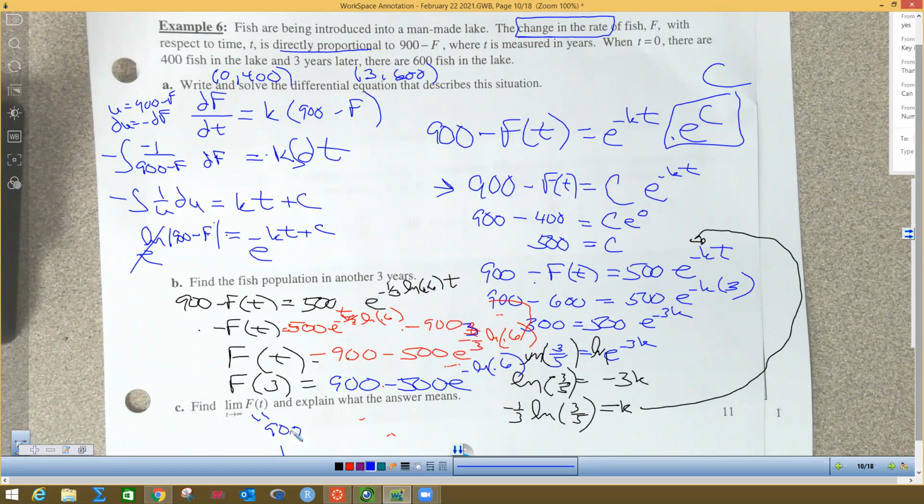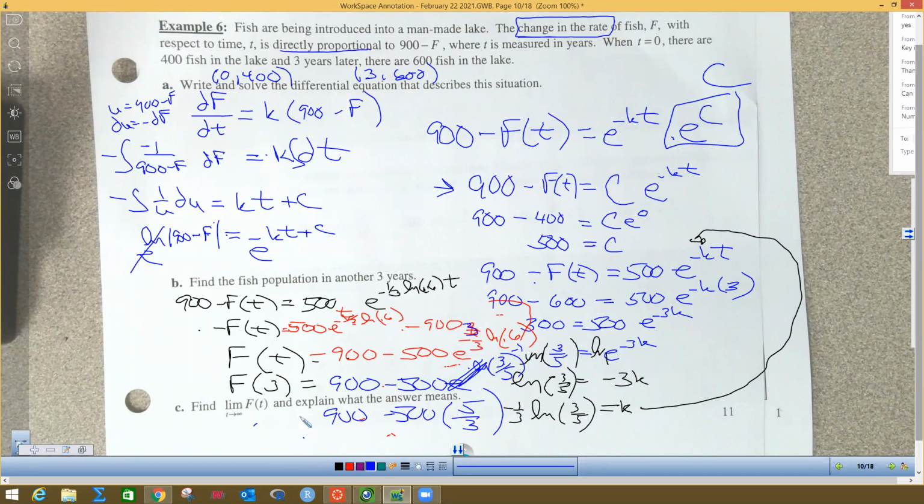So this is 900 minus 500, and then I can bring this negative power up here to this being the negative 1 power, and this is 3/5. So these two things cancel out right there. So this is going to be 5/3 flipped over like that.